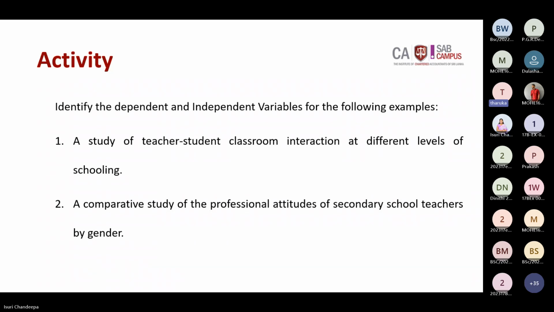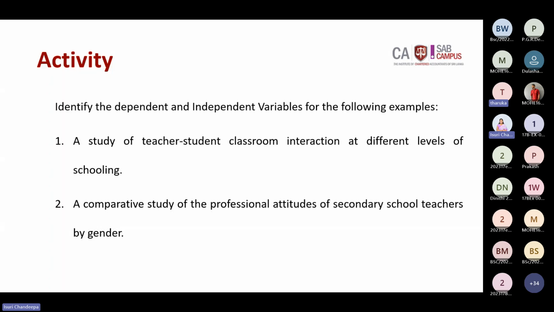Yes, as both of you said, since we do not have the traditional format of a research topic here, you can identify the independent variable as teacher-student classroom interaction and the dependent variable as different levels of schooling. The other way around, you can identify that the different levels of schooling will definitely create an impact on the teacher-student classroom interaction. Sometimes there are no independent and dependent variables. So this may be a qualitative study also.